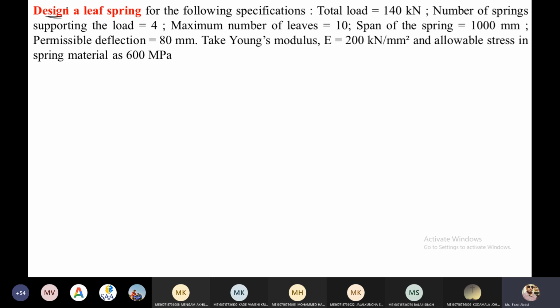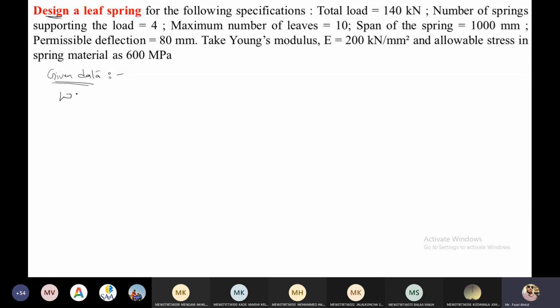Design is always concerned with calculating parameters, meaning dimensions, and whether it is safe or not. So design a leaf spring for the following specifications. I am writing the given data first.